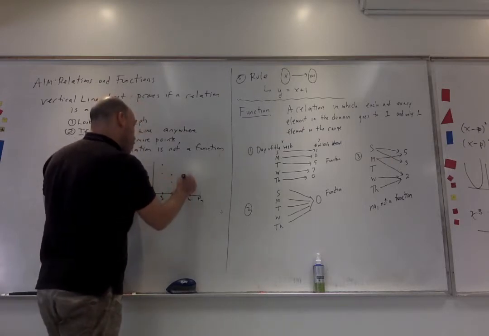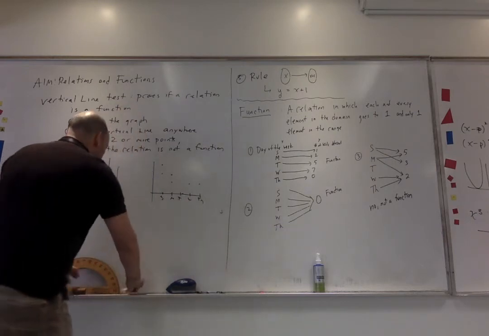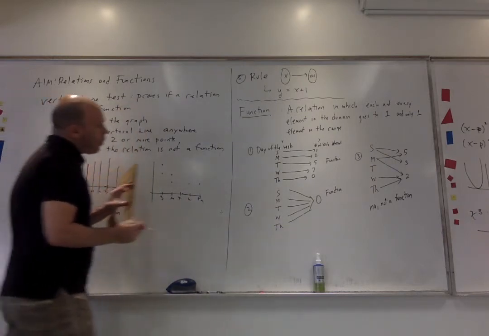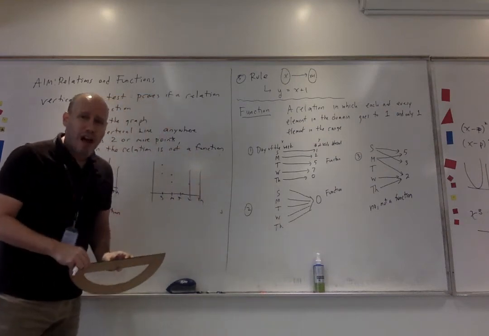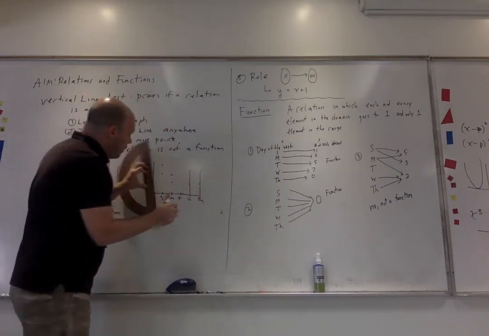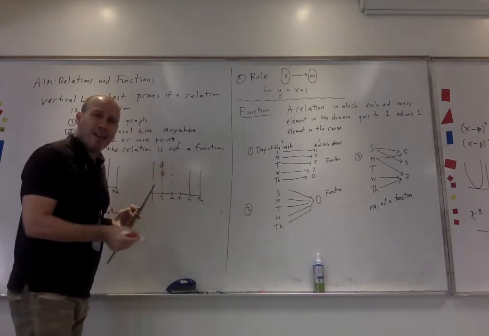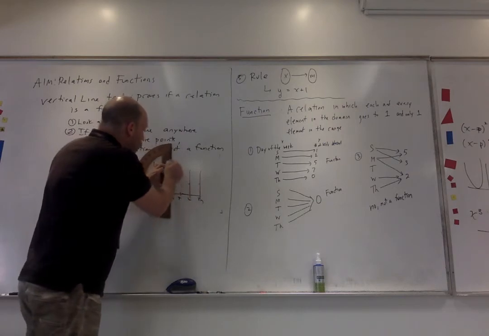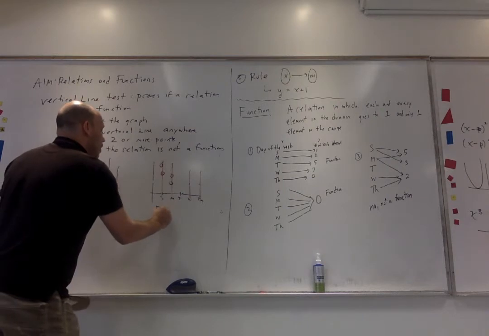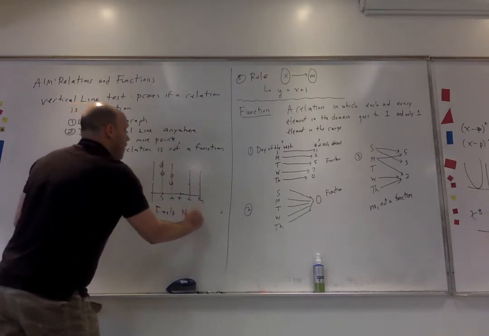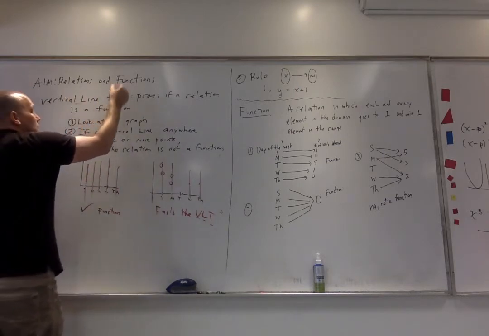On Wednesday, I had 2, and Thursday, I had 2. And so you can draw your vertical line. Someone might say, oh, it's fine because Thursday and Wednesday pass the vertical line test, but you say, no, Sunday fails it. Sunday fails it, and Monday fails it also. So it fails the VLT, vertical line test.